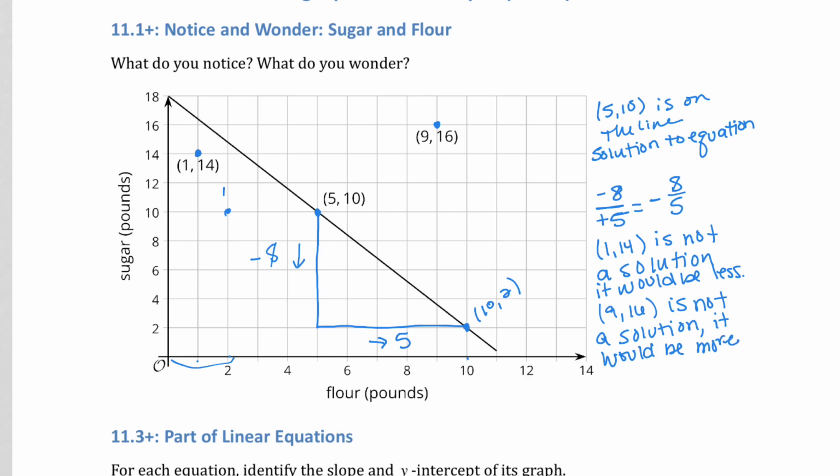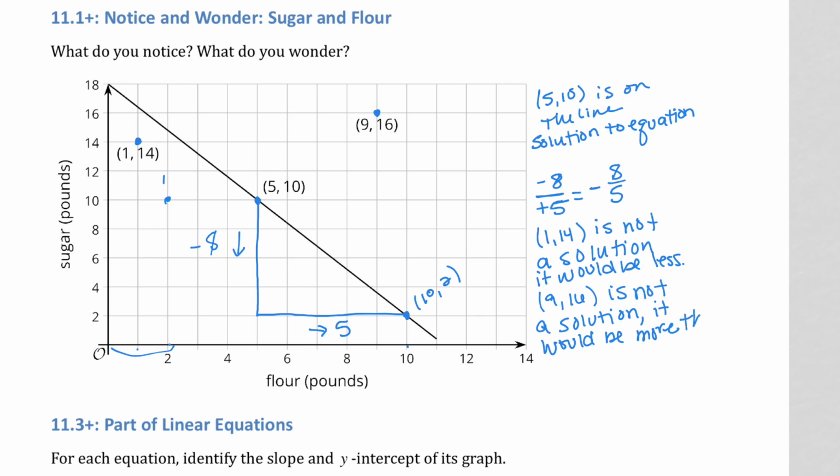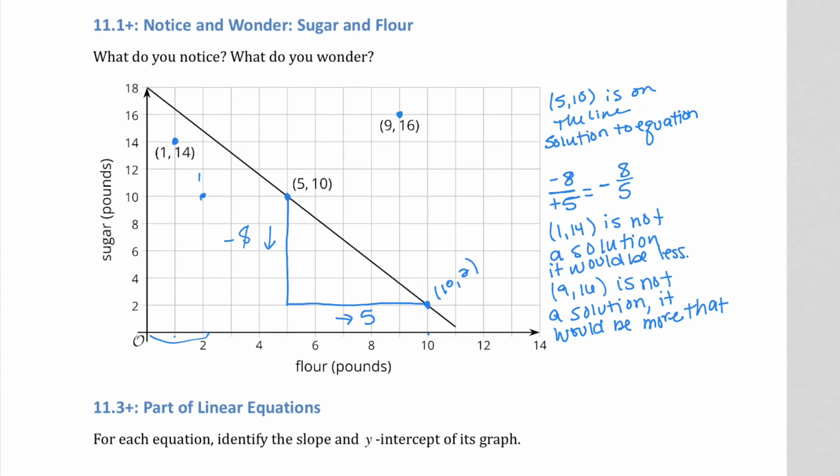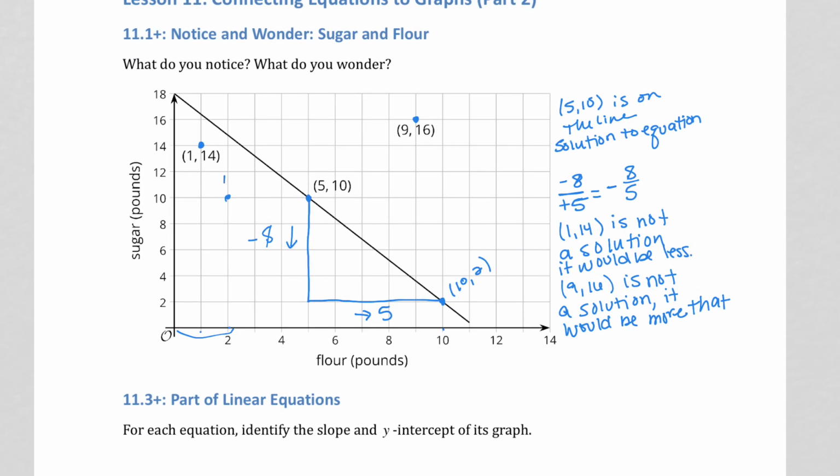What do you think this situation tells us about? We have sugar and flour. It could be the amount you need for every. Yeah, so like for every pound of flour, I need about 16.5 pounds of sugar.